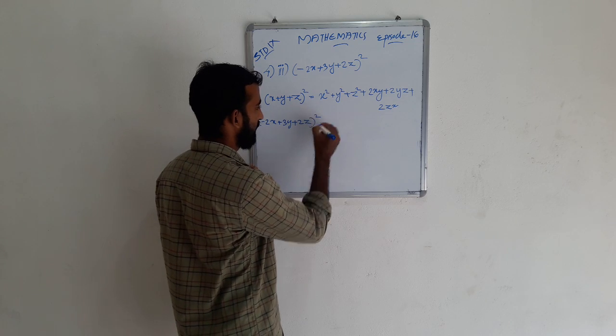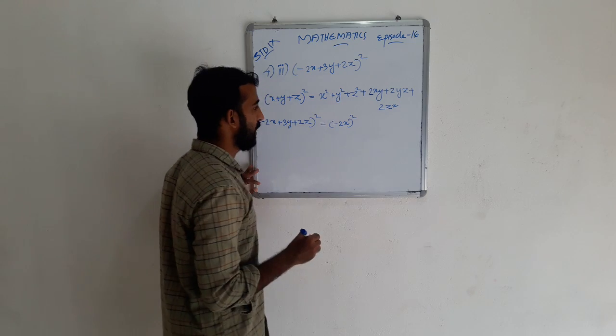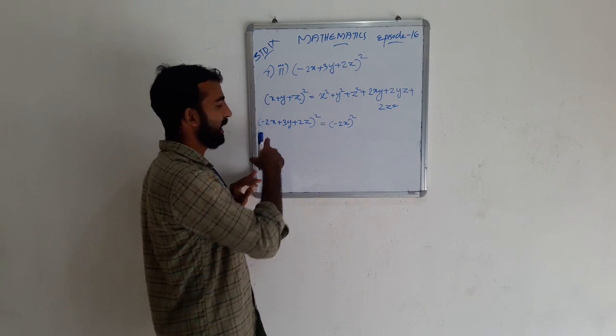That is, we can write x square. Here minus 2x is x.